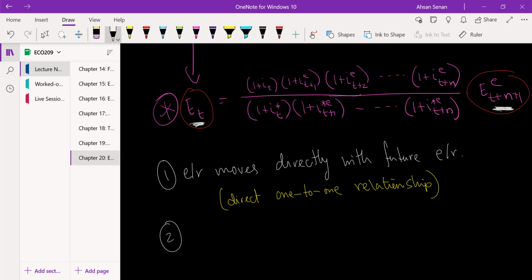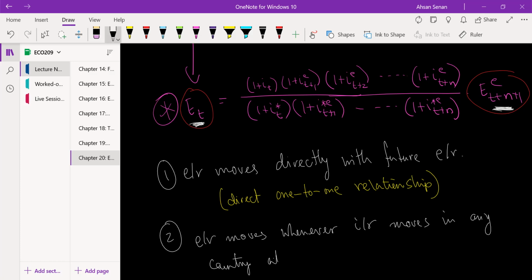Second of all, is that exchange rate moves whenever interest rate moves in any country at any time. That's another thing.